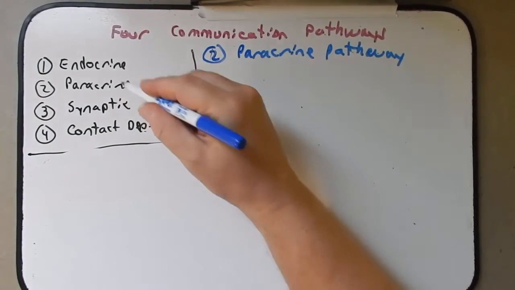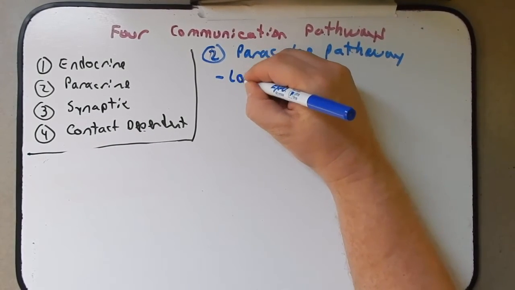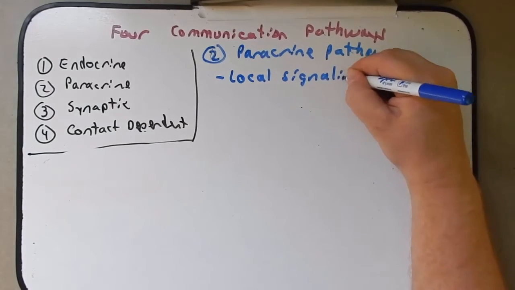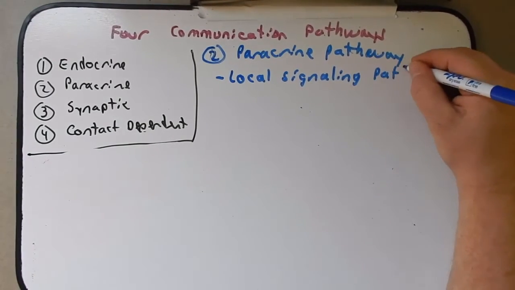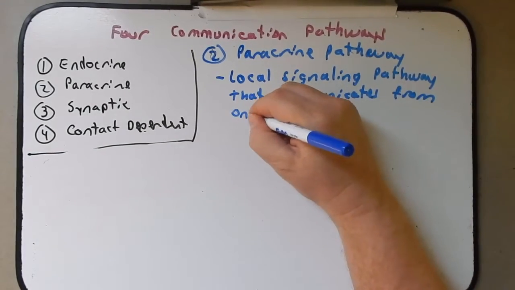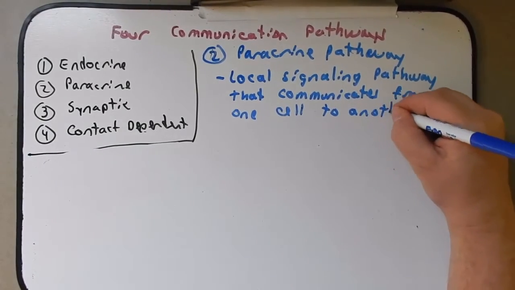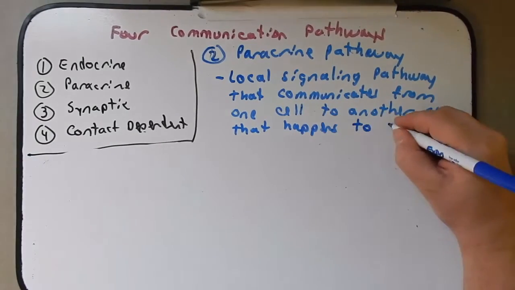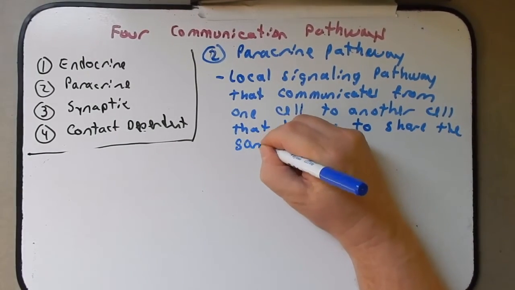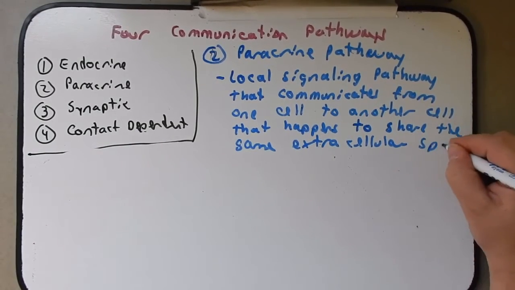It's a little opposite the endocrine in some ways, in that it's more of a local signaling pathway that communicates from one cell to another cell that happens to share the same extracellular space.